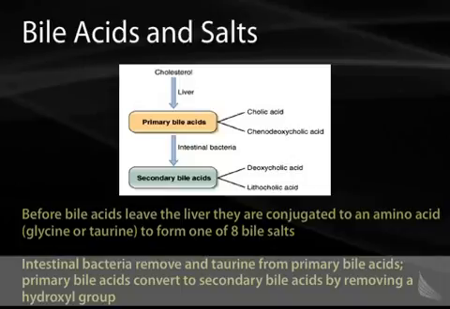So the primary bile acids are represented by cholic acid and chenodeoxycholic acid. After encountering intestinal bacteria and removal of hydroxyl groups, they are deoxycholic acid and lithocholic acid.